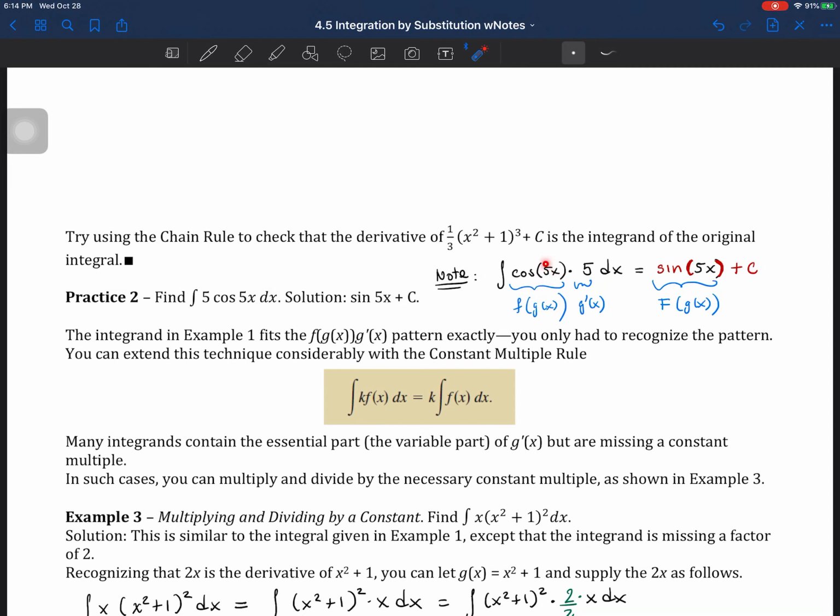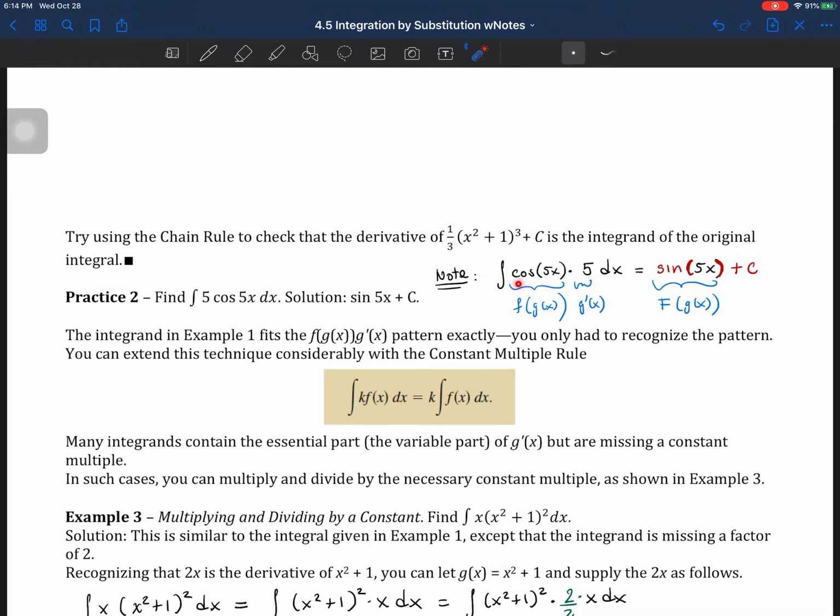5x is inside the function of a cosine. So that already tells me that if this is going to work out, it's going to work out whenever g is 5x. If g is 5x, that means that g prime needs to be 5, and it is, right? And so I've rewritten that by moving that over here. So that will be 5 dx. So there you go.